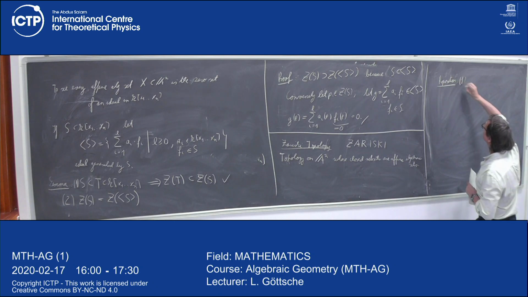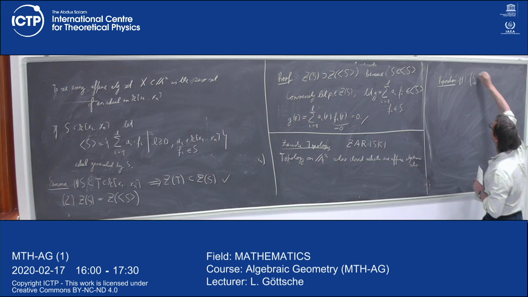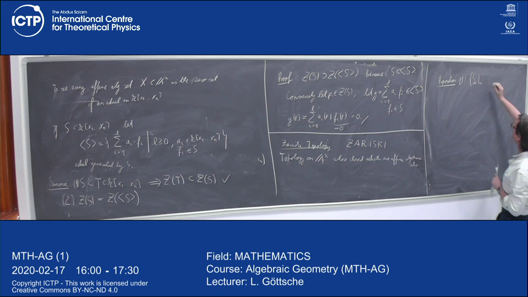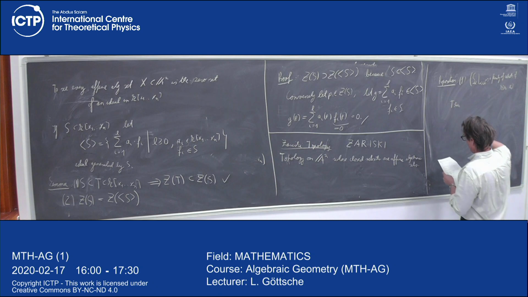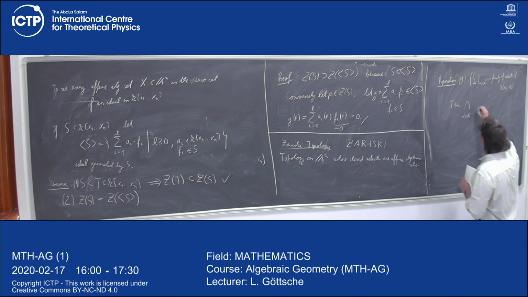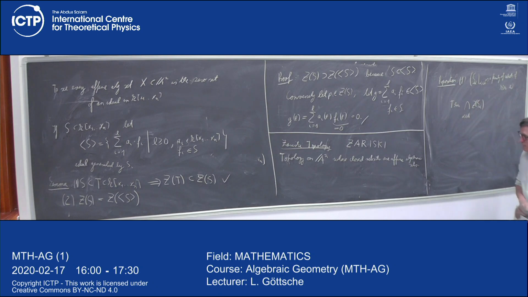First, if S_alpha, alpha in some index set A, is a family of subsets of the ring of polynomials, then the intersection over all alpha in A of the zero set of S_alpha is the same as the zero set of the union over all alpha of S_alpha.